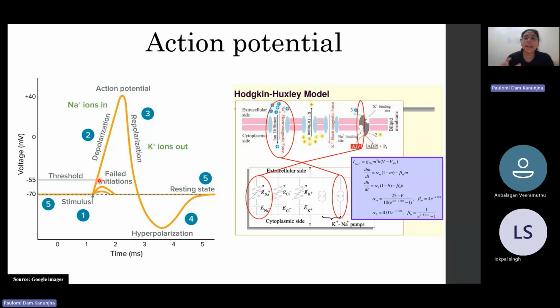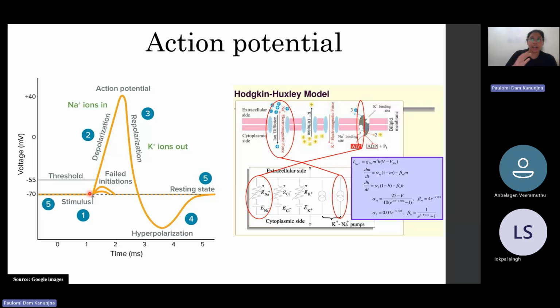So you keep getting this information, but the cell decides to send the sodium out and potassium inside only when it reaches this threshold stimulus. At other times it gets initiated, but there is only a minute change in the charges and it does not lead to an action potential, right? So the first step is called the resting potential.